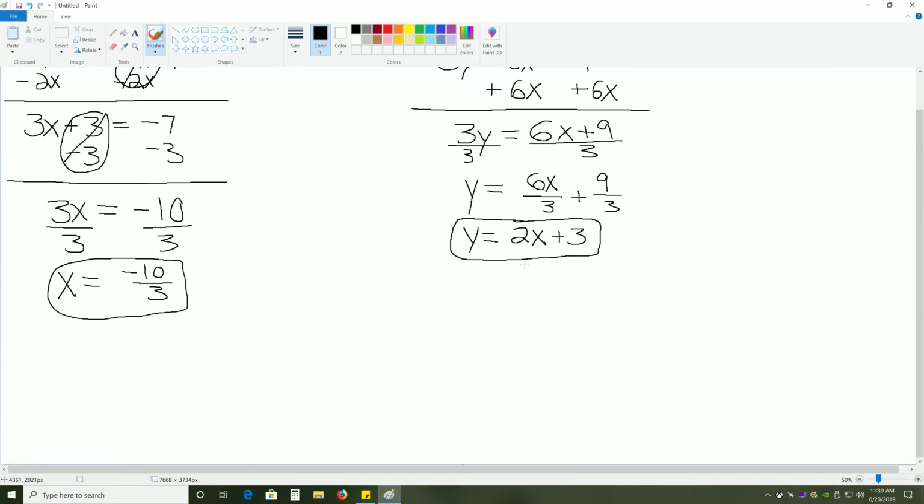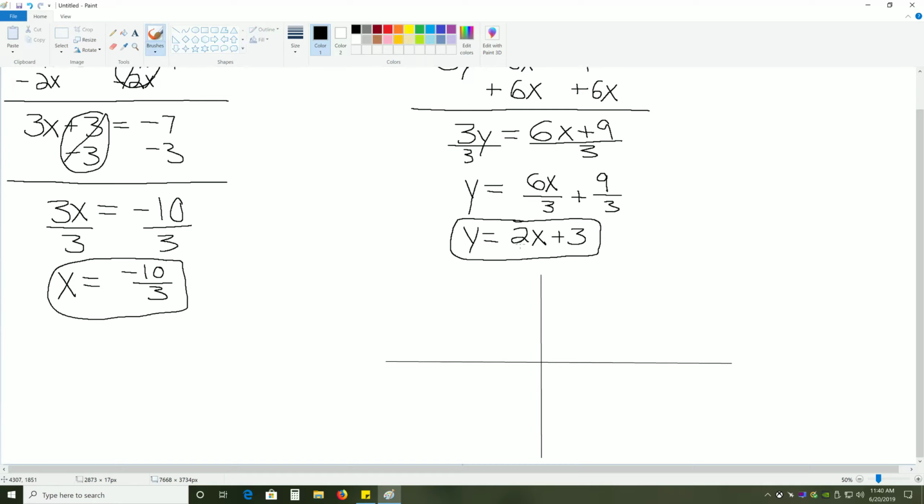So this is going to be a very rough sketch of our graph. With this, we're going to use graphing with slope-intercept form since our problem is already in slope-intercept form.